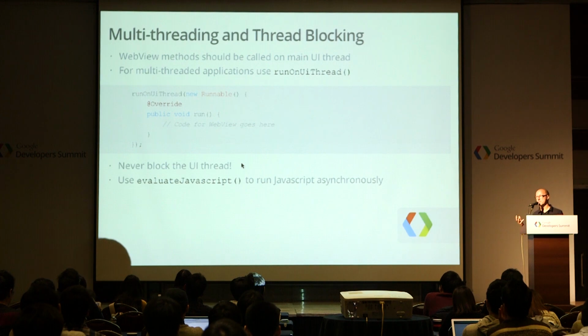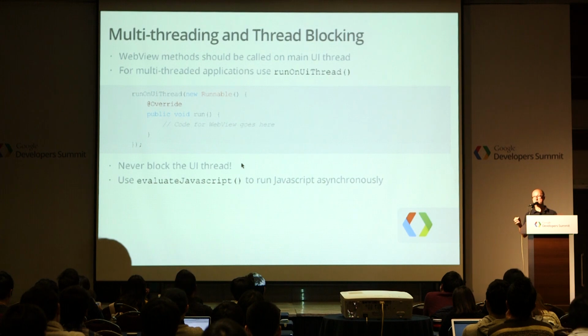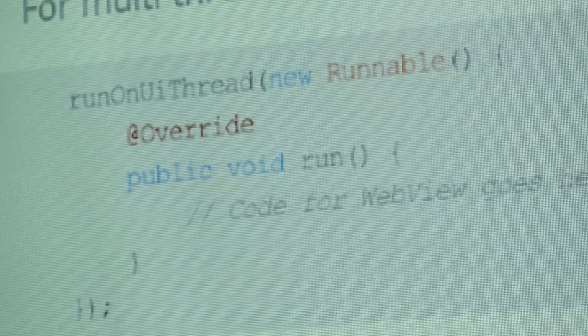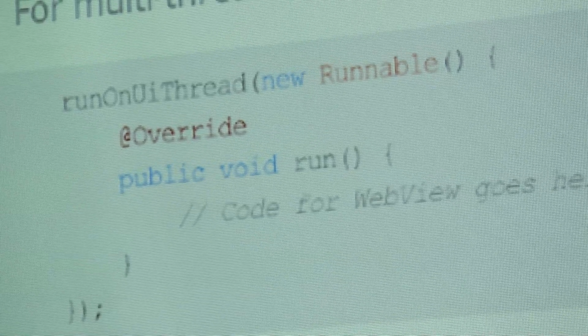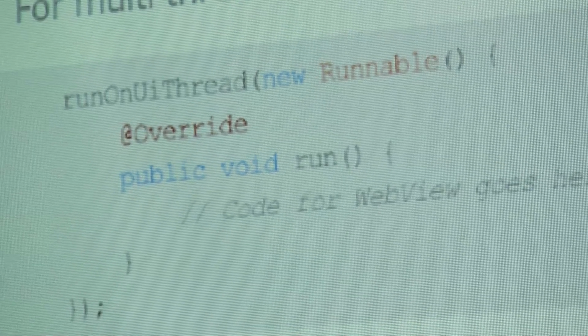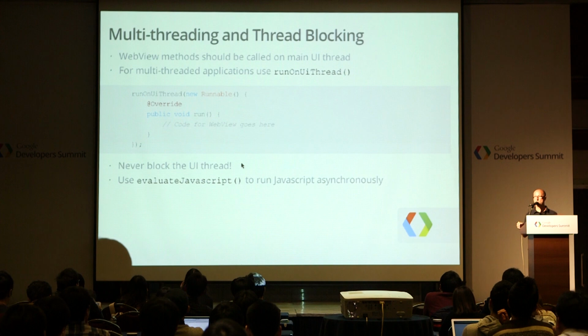And so because of this and the new structure of the way WebView works on the UI thread, you have to take extra special care not to block the UI thread. So if you send off something in JavaScript and decide to sleep and wait, that's a very bad thing to do because your application will become unresponsive and Android will try and kill it.